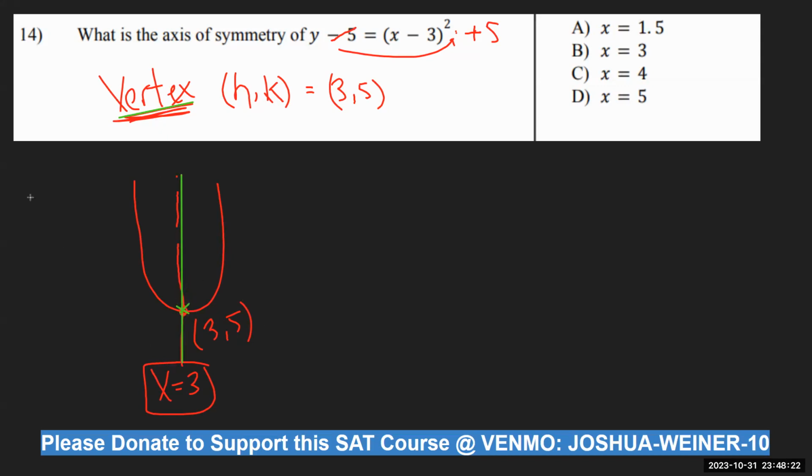We can see here, this star point, that's our H, K, right? Minus 3 means, remember, the opposite sign. X is 3 and Y is 5. H is 3 and K is 5. So that means that B is correct. The axis of symmetry is at X equals 3.